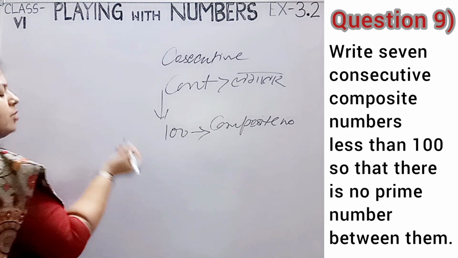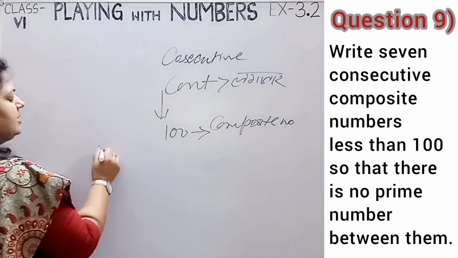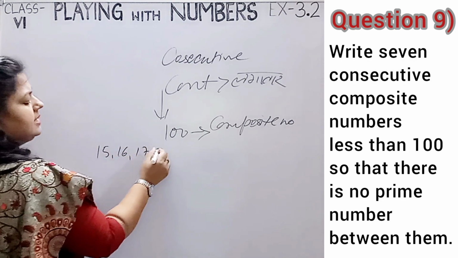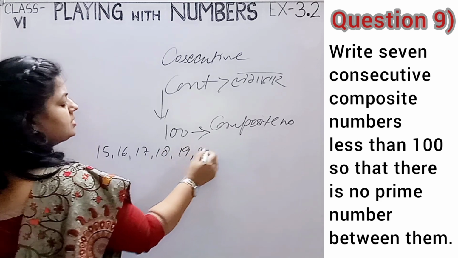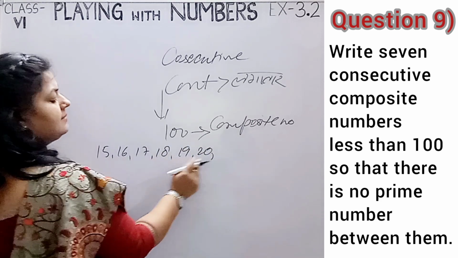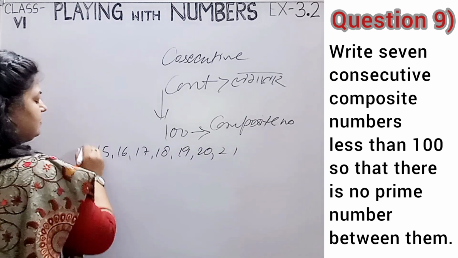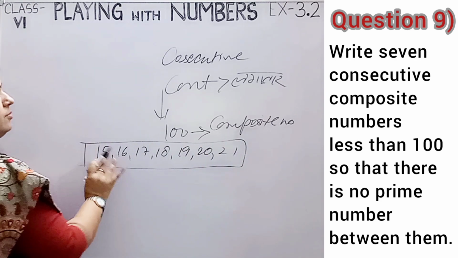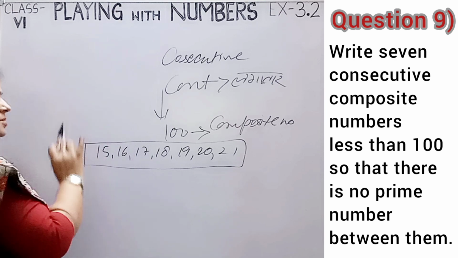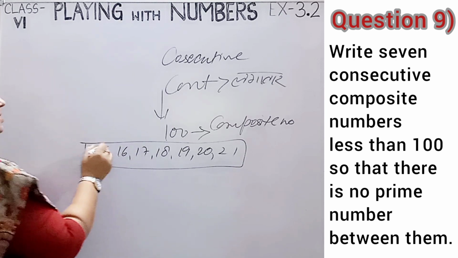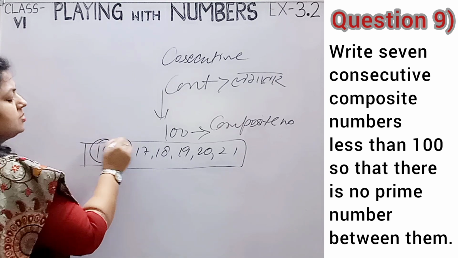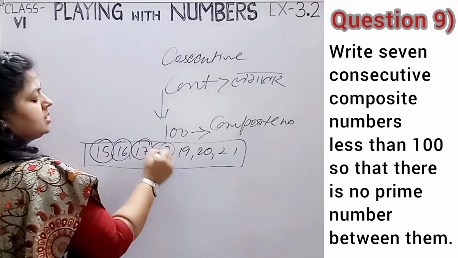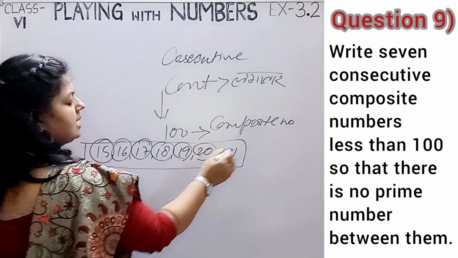So if I am taking an example like 15, 16, 17, 18, 19, 20, 21, we have to find out which is a prime number and which is a composite number. So here this is composite, prime, composite, and composite.